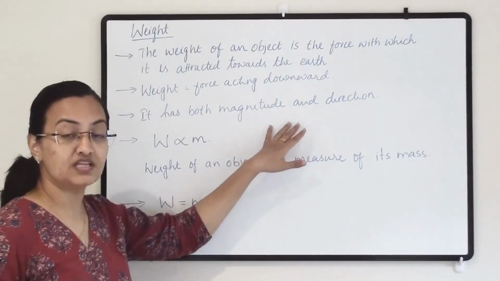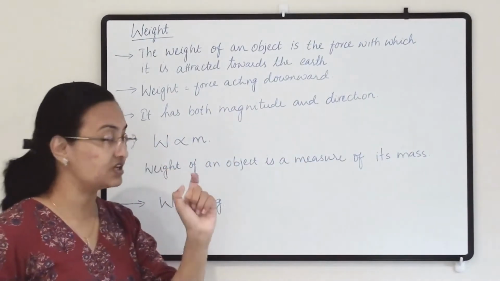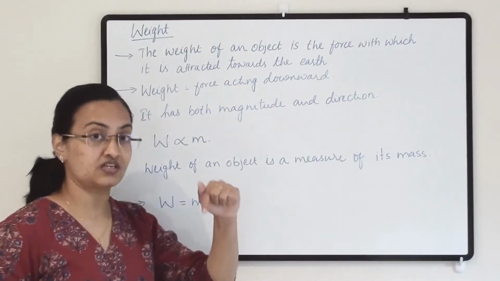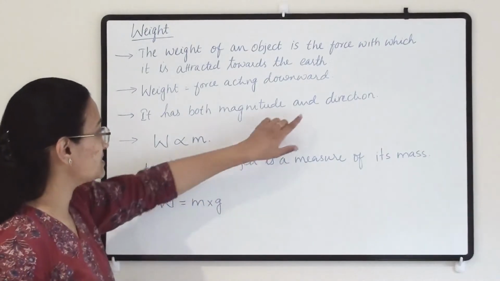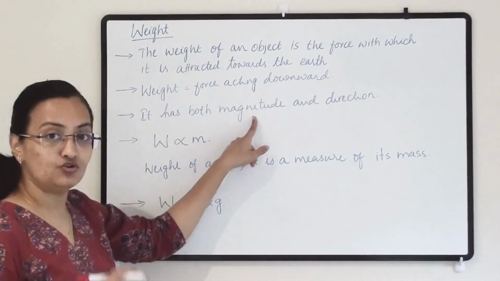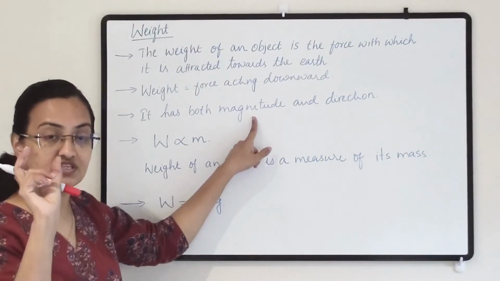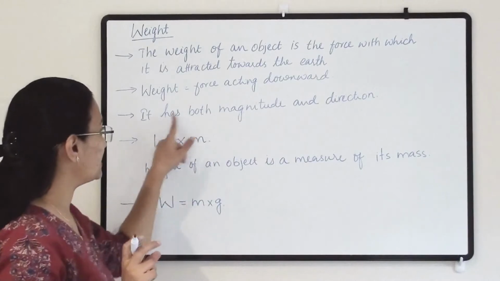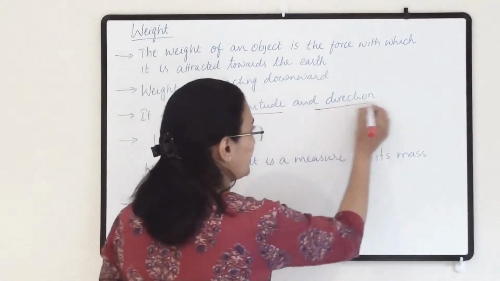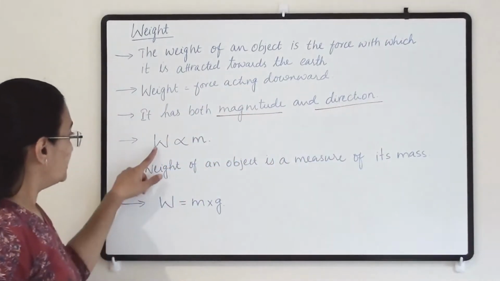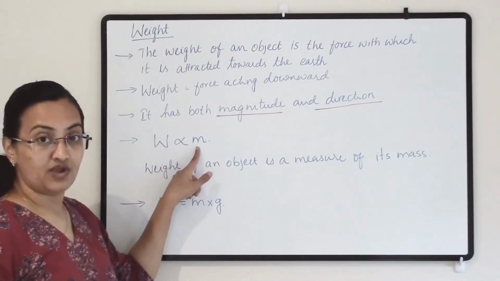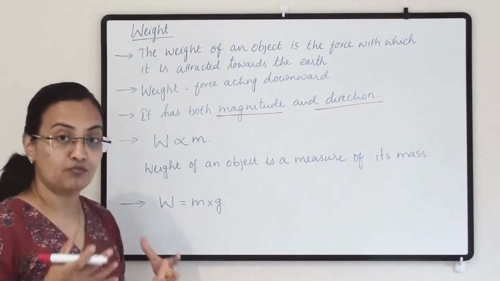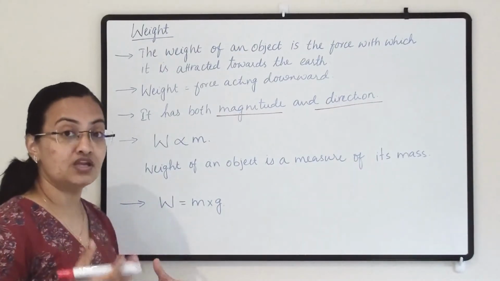Magnitude means it has one specific physical quantity, and direction because it is acting downward. So weight has both magnitude and direction. Then W is proportional to m. Weight is directly proportional to the object's mass, because we always take mass as a measure of the weight.